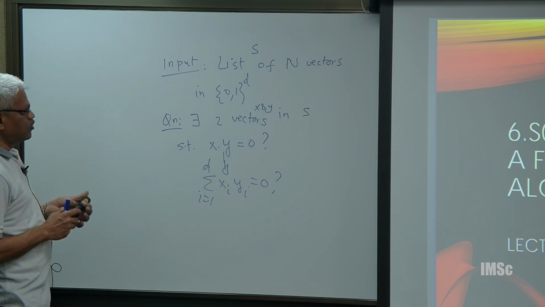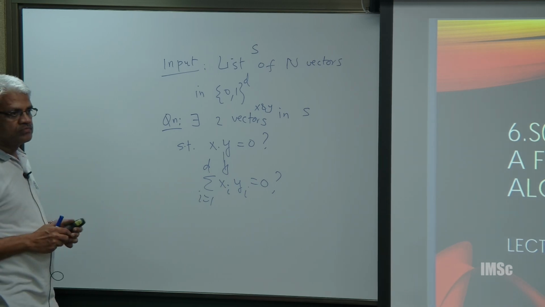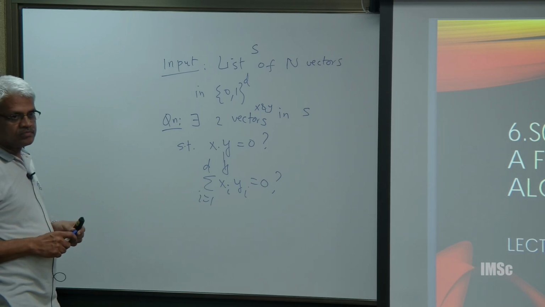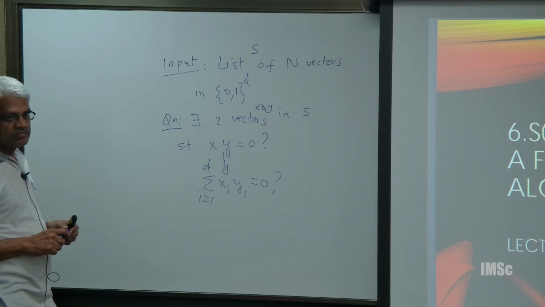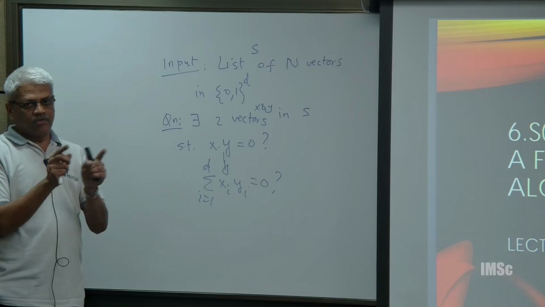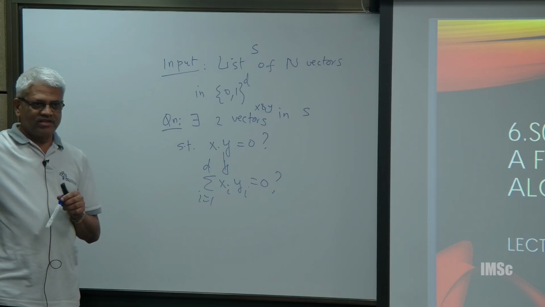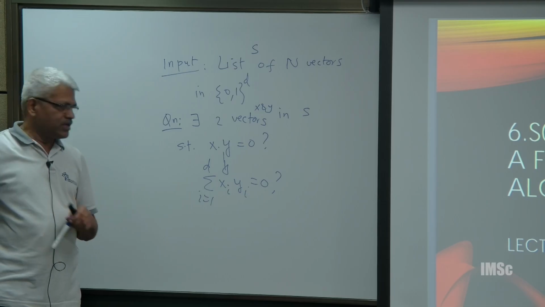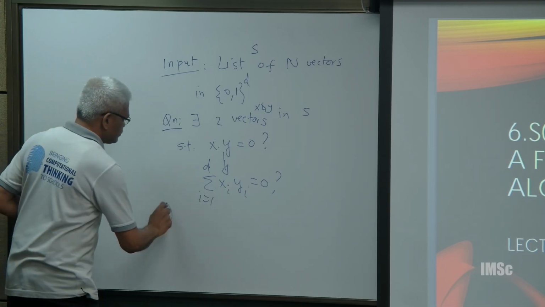What would be a simple naive algorithm? Pairwise dot product. How much time will that take? n choose 2, exactly, because with n vectors, pick every pair and check their dot product. So, n square times d, because these are d dimensions, you compute this sum over d.